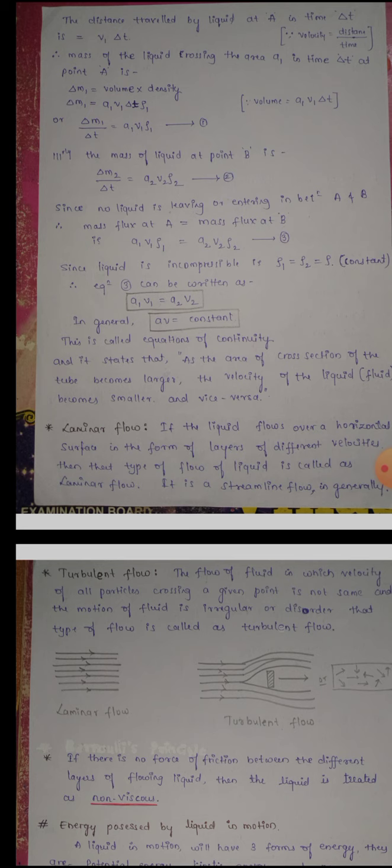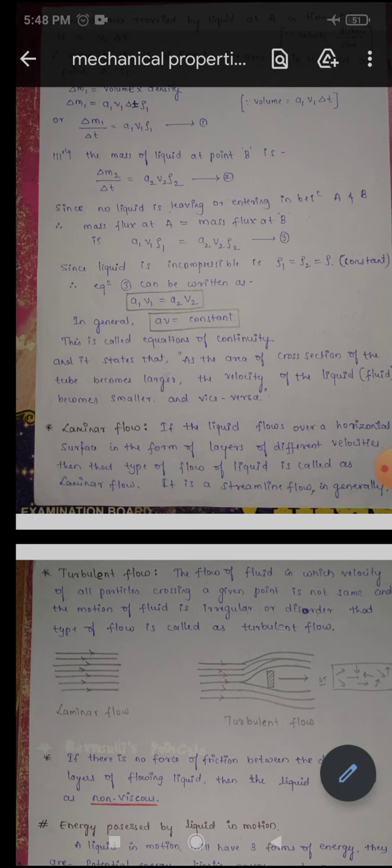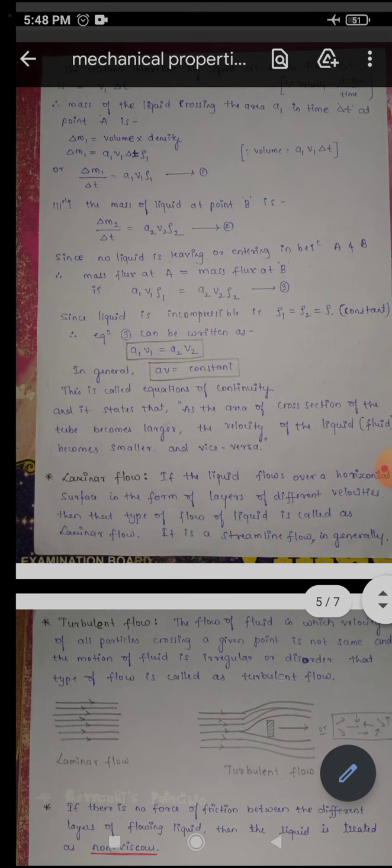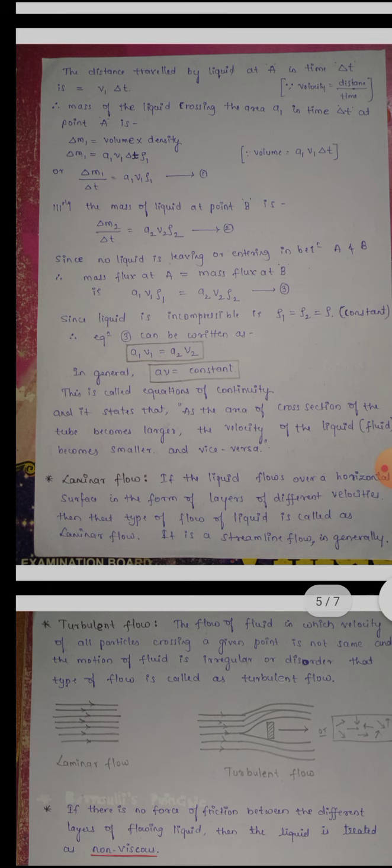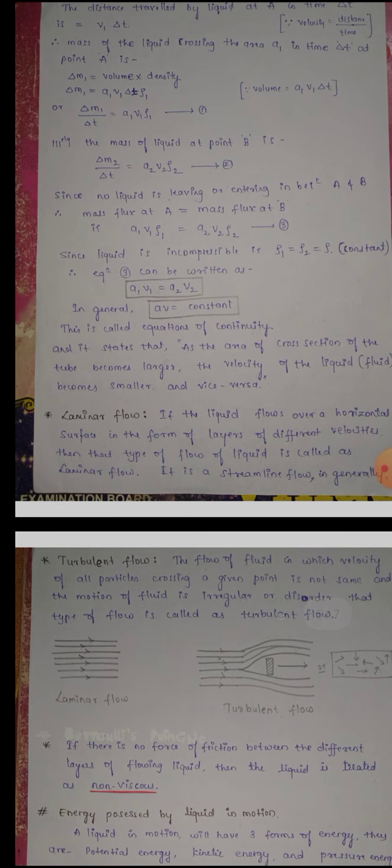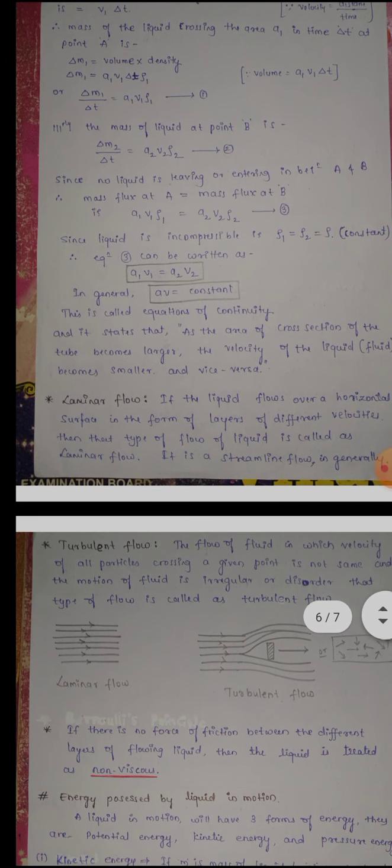So we can write rho 1 equal to rho 2 equal to rho, a constant quantity. So while substituting this rho in the above equation, we will get equation 3 as A1 V1 is equal to A2 V2.